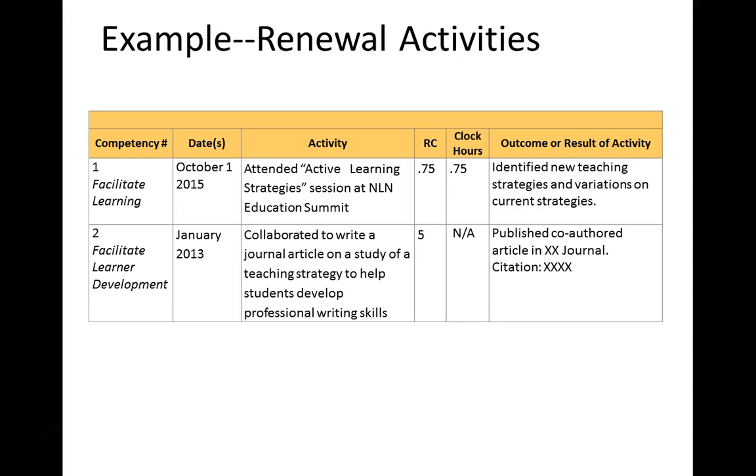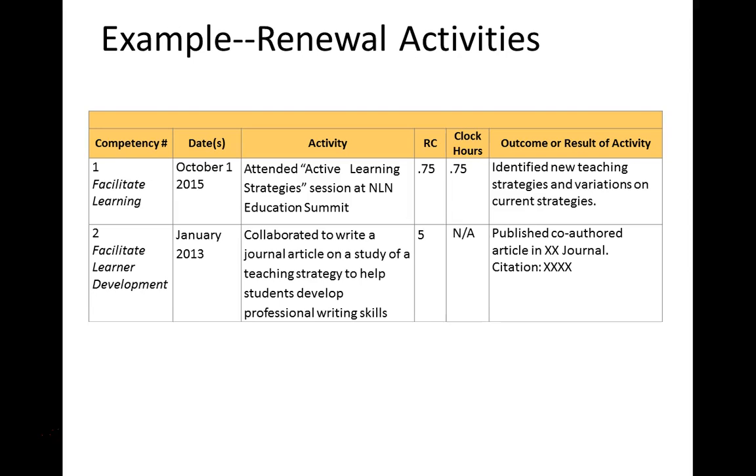Here are some examples of professional activities and how to present them. Notice that the first one is identified as meeting competency number 1, which is facilitate learning. The outcome highlights how the activity met the competency. The number of renewal credits is identified as well as the clock hours.